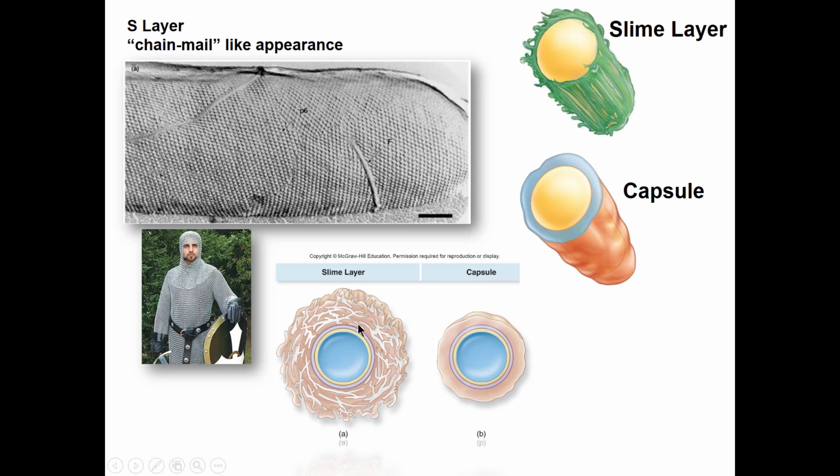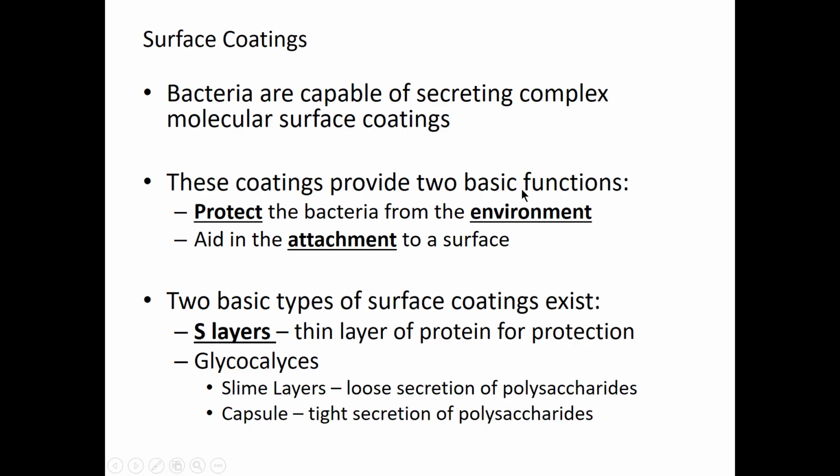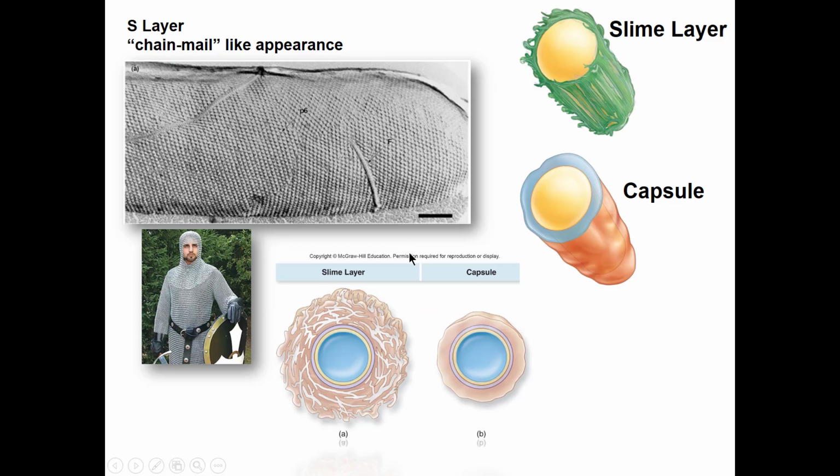So you can kind of see it better in this figure. The idea is that this sugary secretion kind of takes on a series of tunnels and becomes kind of like a matrix-like structure. Backing up here, just to repeat myself one more time, these really help bacteria significantly when it comes to their ability to survive and attach and remain in one place.